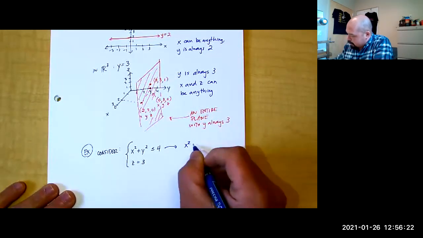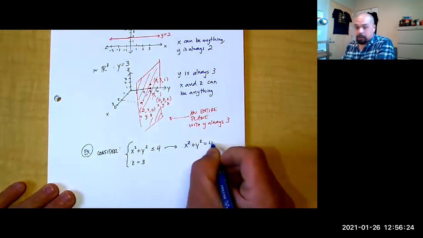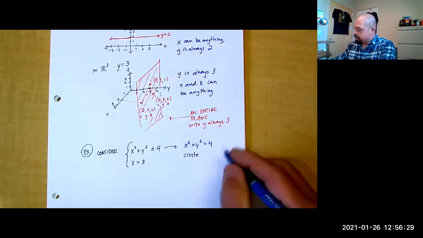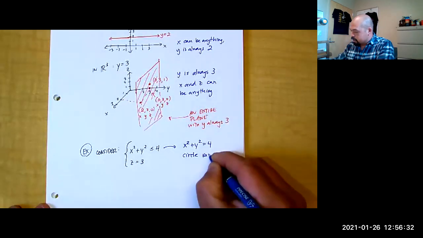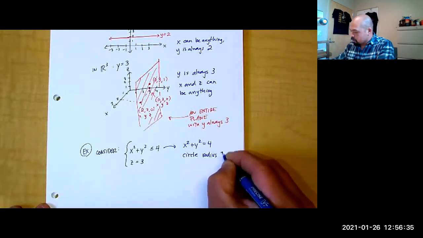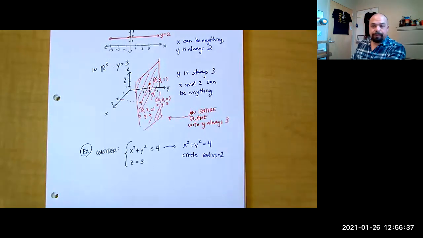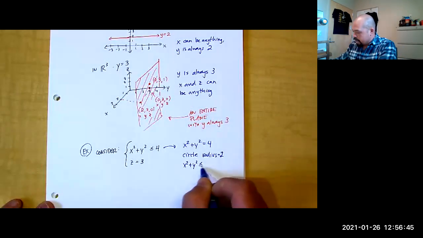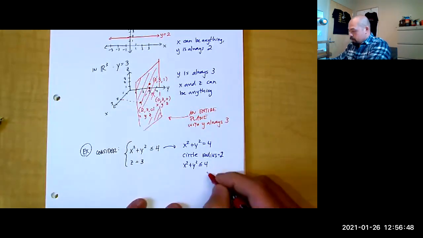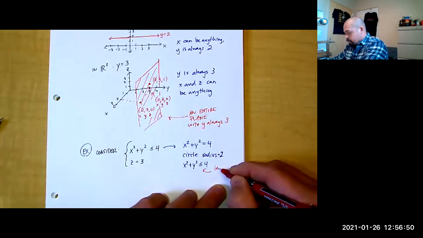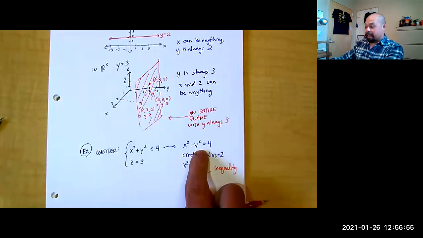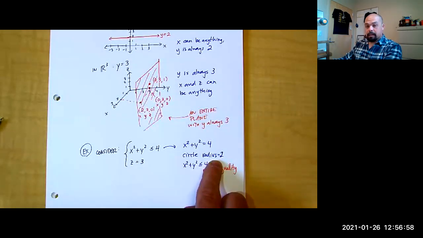this kind of reminds me of x squared plus y squared equals 4, which is a circle, center at the origin, with radius 2, right? The square root of 4, we get 2. Okay, and then now having it be an inequality, the equals 4 is exactly the radius, right?